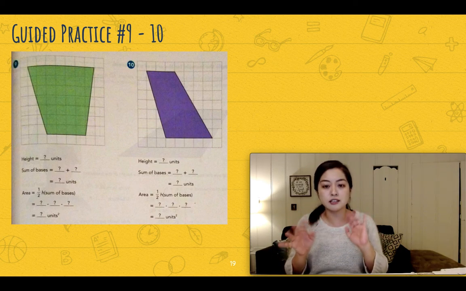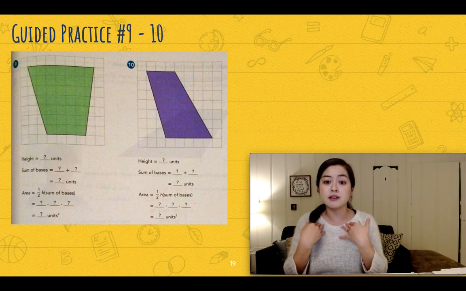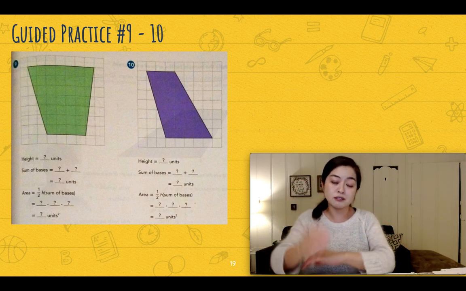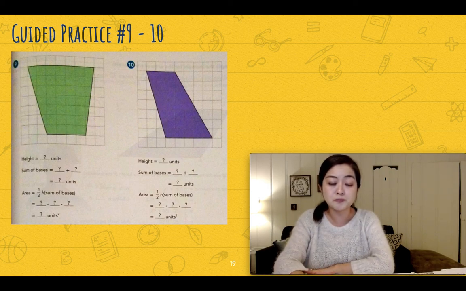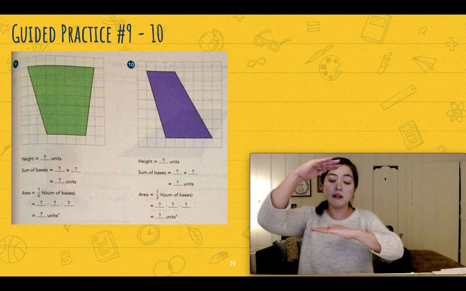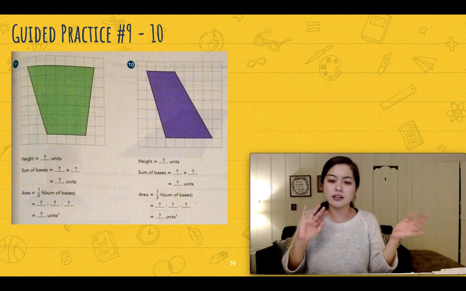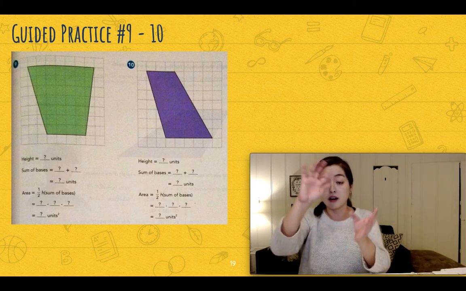You're going to have to kind of practice a bit to see what's easier for you. For me, it's easier to determine the bases first, so that's what I'm going to do. And it looks like both of my bases for 9 and 10 are parallel to the ground itself. So I don't believe I need to manipulate any image to help me.